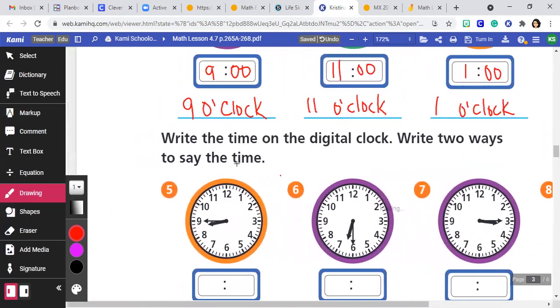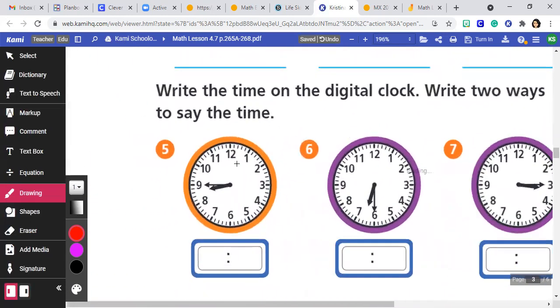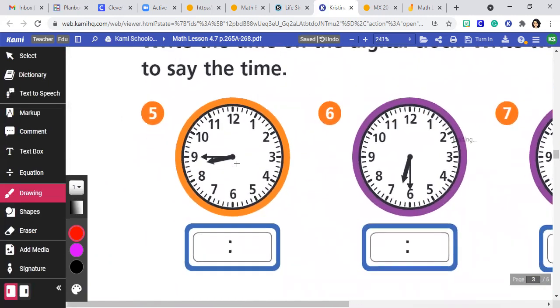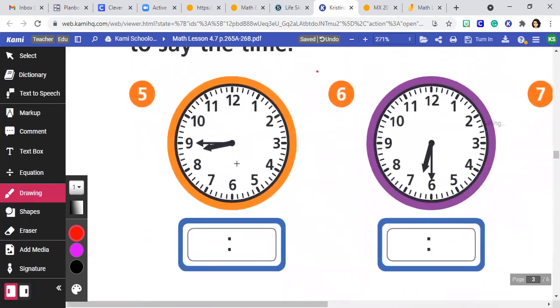And it looks like each of these has a minute time that is definitely going past the hour. So I'm going to use a strategy of skip counting to show you how we can tell how many minutes after the hour this time shows. So if I'm starting at 12, I'm going to count by 5s.